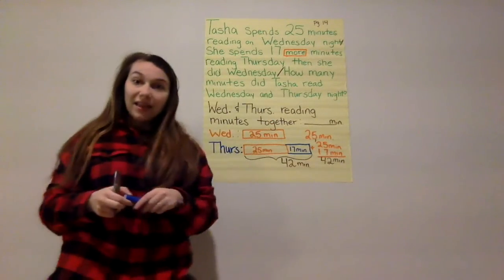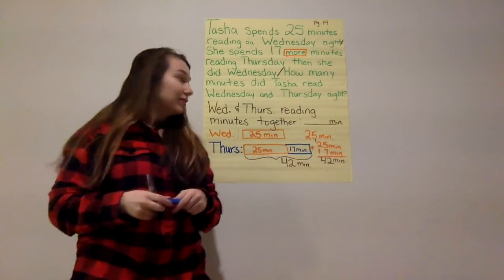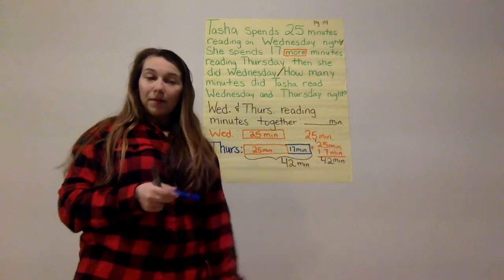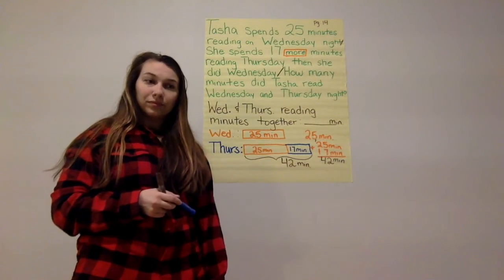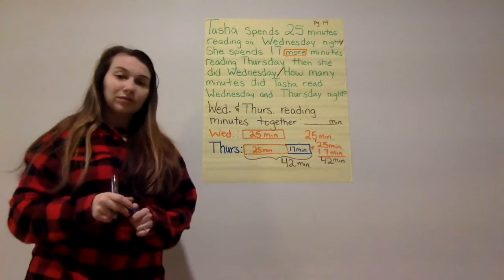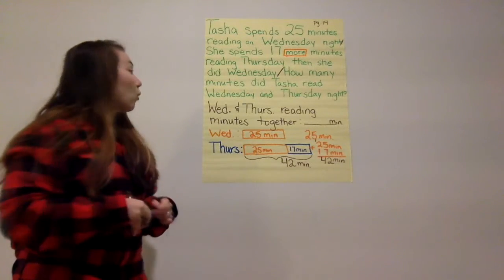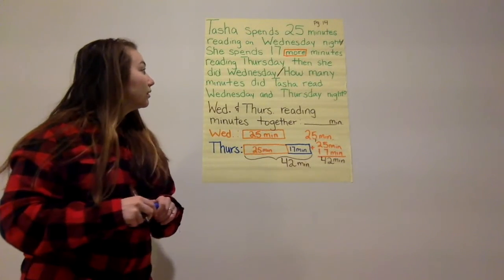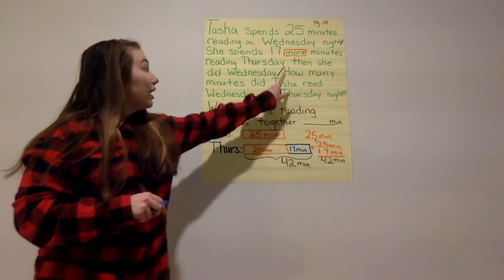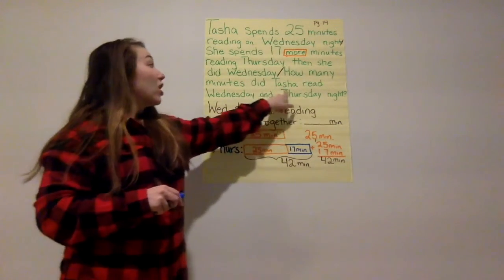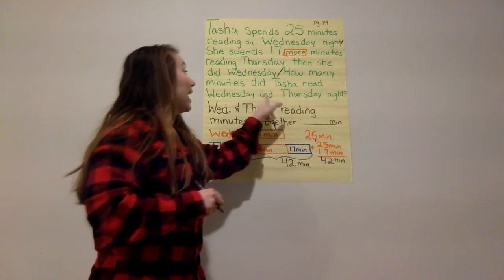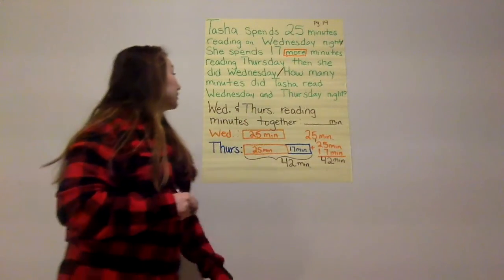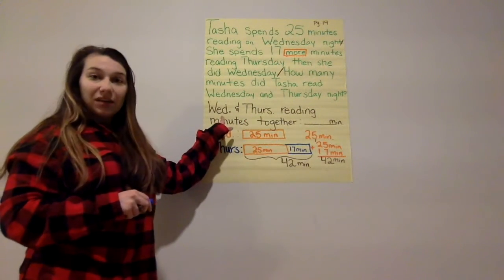All right, are we done there? We did an addition problem. No, we're not done? Very good. What question are we trying to answer? How many minutes did Tasha read Wednesday and Thursday night? We also put that down here, right?